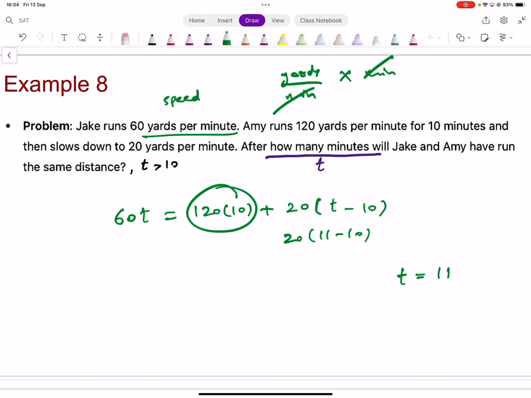Then for 1 minute she traveled at 20 yards per minute. Okay? If T was 13, that means for the first 10 minutes, she covered this much distance. And then for the remaining 3 minutes, which comes from 13 minus 10, she traveled at 20 yards per minute. So the time that you take here has to be T minus 10.